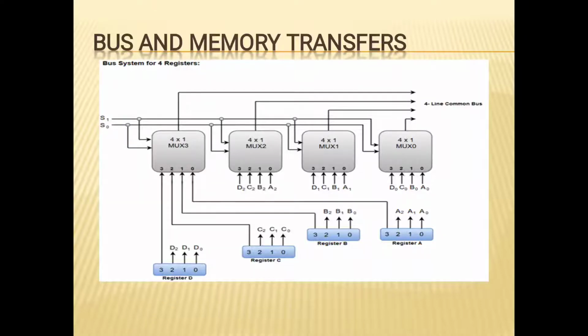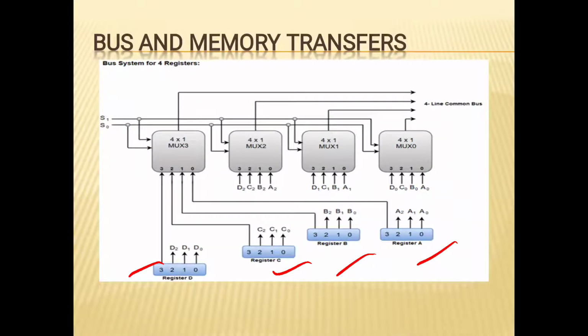Each register has 4 bits, numbered 0, 1, 2, 3. We have the 4 registers: register A, register B, register C, and register D. We connect the third pin of register D with the multiplexer's third pin.